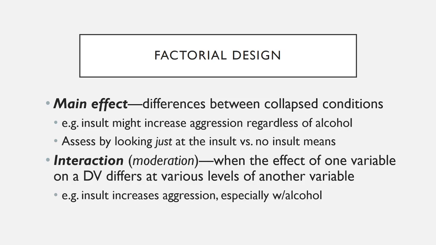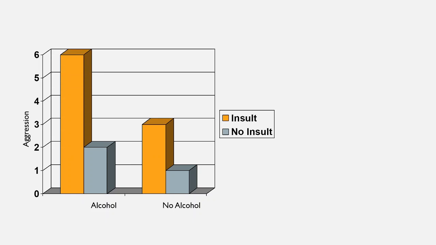That would mean that alcohol moderated the effect of insult on aggression. And again, having a full idea of the main effects and the interactions paints the whole picture of how all these variables are related. So you would break down your data and visualize it like this.